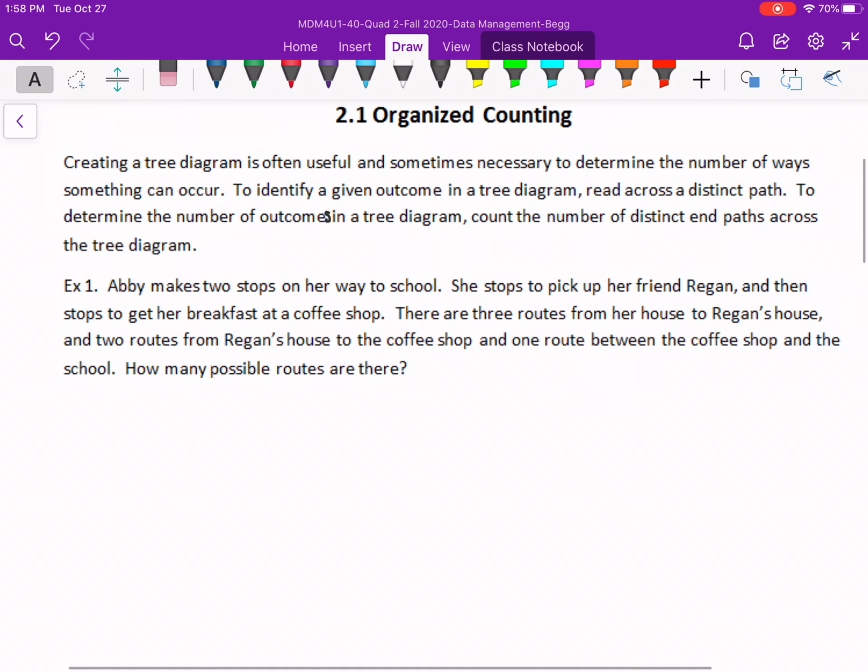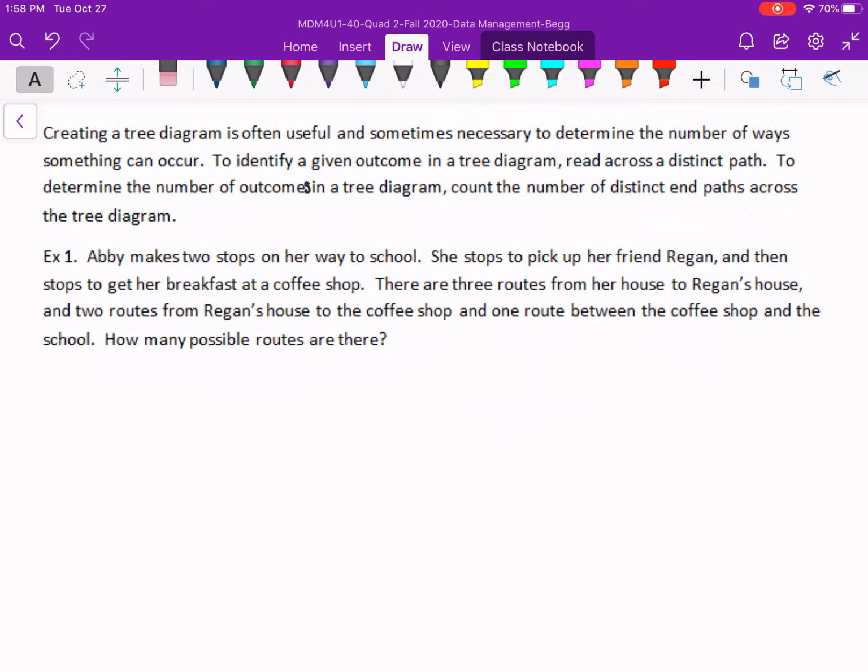Creating a tree diagram is often useful and sometimes necessary to determine the number of ways that something can occur. To identify a given outcome in a tree diagram, read across a distinct path. We've already seen that. We've done a little bit with tree diagrams already, and we've seen that one outcome would be one distinct path.